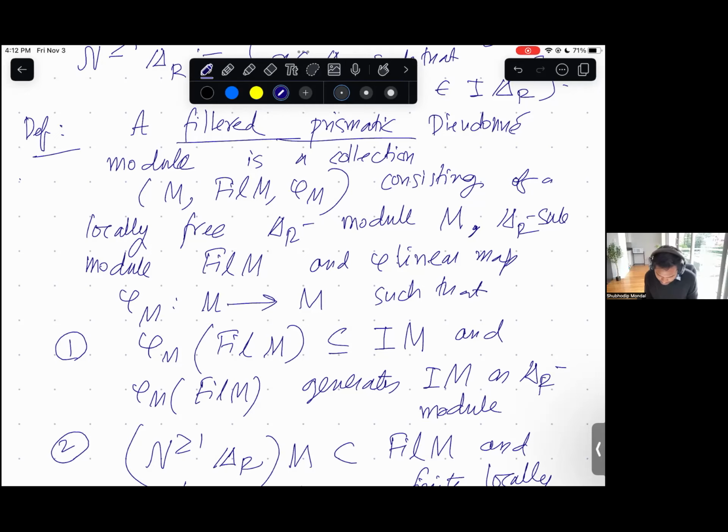In the final one, I think they briefly mention filtered prismatic Dieudonne modules, but they work with the admissible prismatic Dieudonne ones. But in version 2 of their paper, there's more emphasis on the filtered prismatic Dieudonne modules. So you are more or less following version 2 of the paper. Right, I'm following version 2 of the paper.